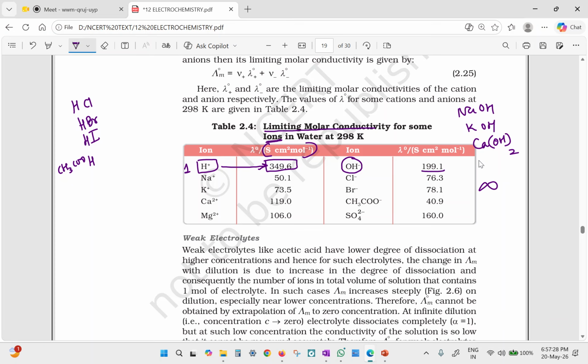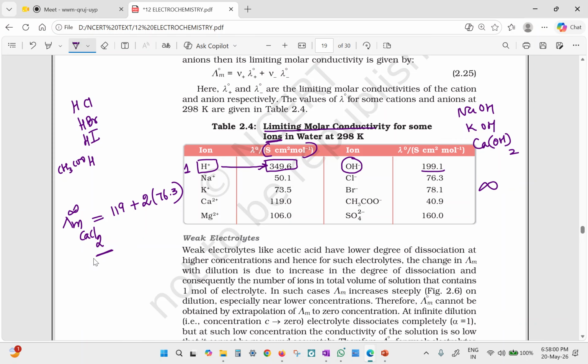Yes, ma'am. So supposing I want the molar conductivity value at infinite dilution for calcium chloride. Can you use the table and tell me how much it will be? 119 plus 2 times 76.3, because there are 2 chlorides, no?